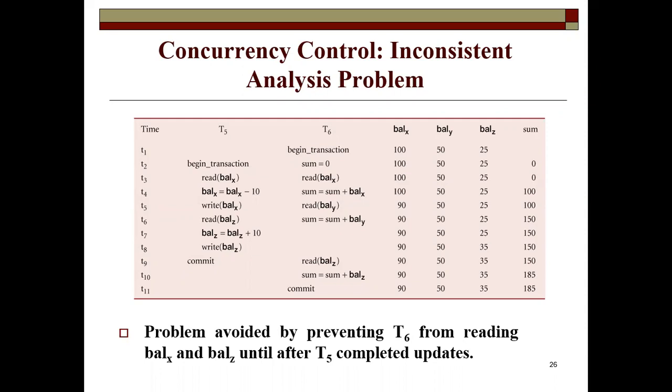When we commit, the 150, when we add the 35, becomes 185. So when you commit everything, the balances have changed. Balance X was 100, now it's 90. Balance Y was 50, that's the same. Balance Z was 25, now it's 35, and the sum moved from 0 to 185.